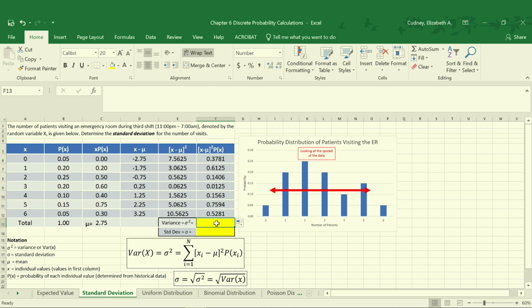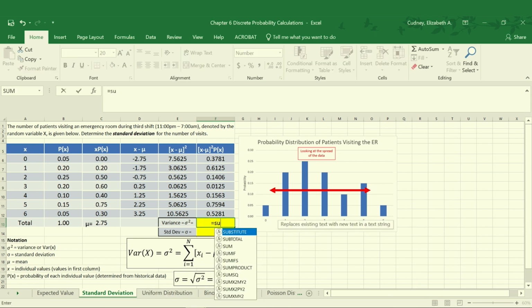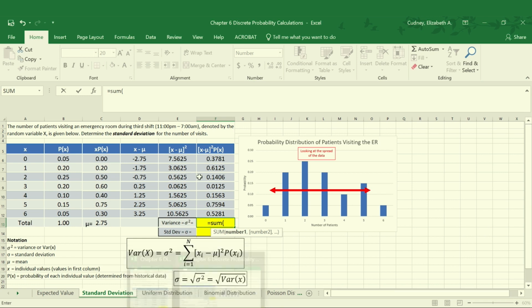To get my variance, that's equal to the sum of those values, which will be F6 through F12. And what we've now done is taken the sum of what we've just calculated in that column with our equation.